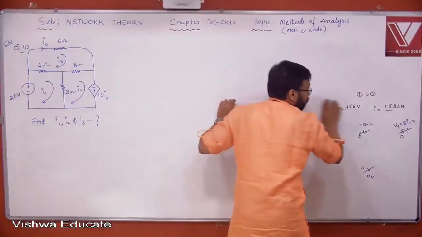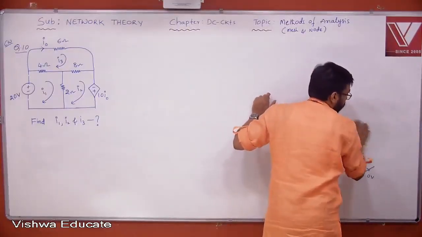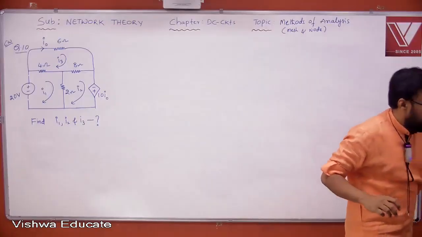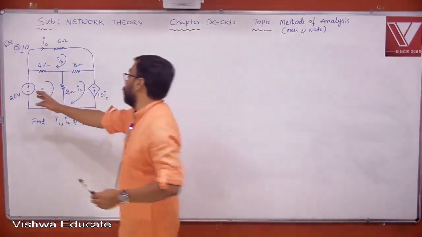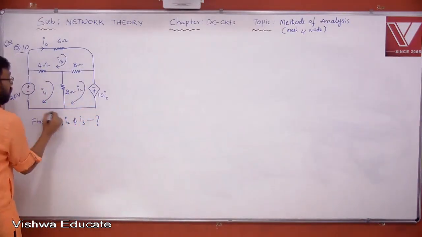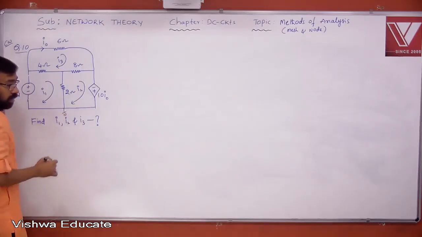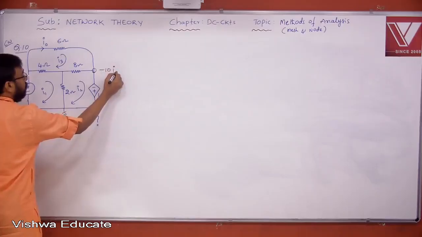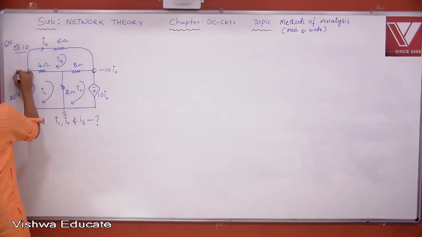Now let us solve it. Taking that bottom node as a reference node, because here there are 2 voltage sources without any series resistor. Okay, that is an advantage for us. If you take this is 0, this is 0, you can immediately define this is minus 10 I naught. You can immediately define this is 20 volts.